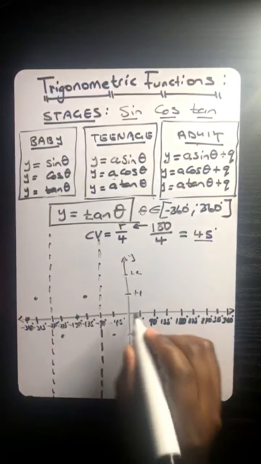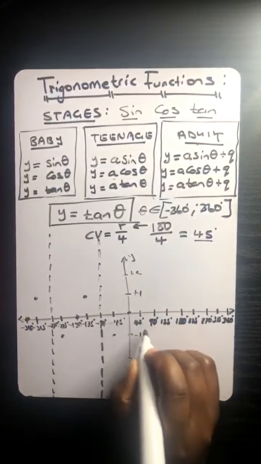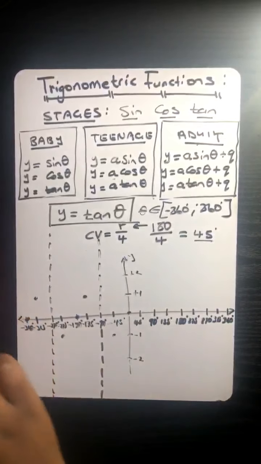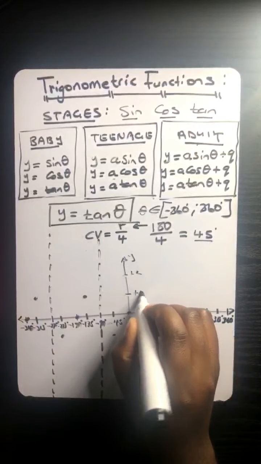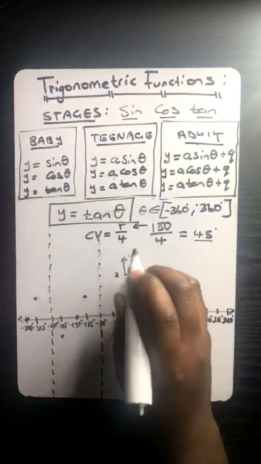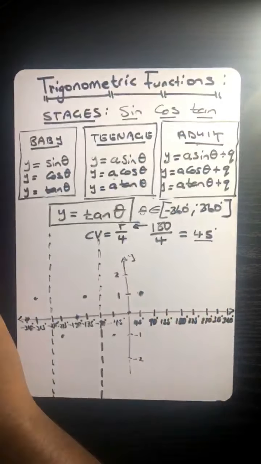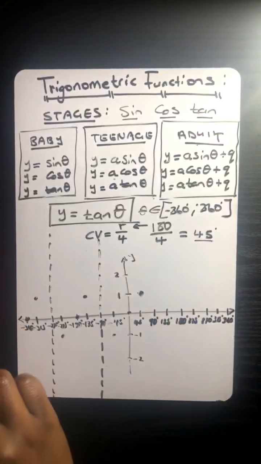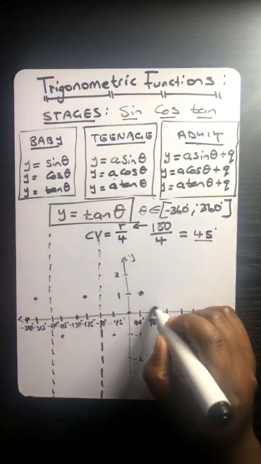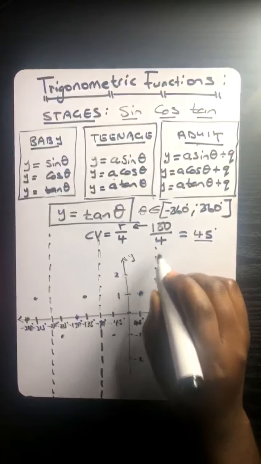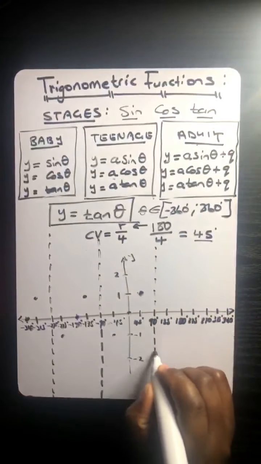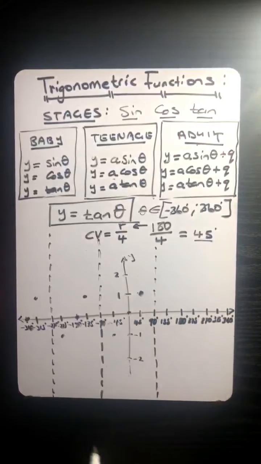When you go to 0, I'm getting 0. Let's go to positive 45. What are you getting? I'm getting 1. You can just make a point there. Then let me go to 90. Hey, I'm getting error. Remember, guys, you must be punching all of these on your side so that we check if we are getting the same thing.